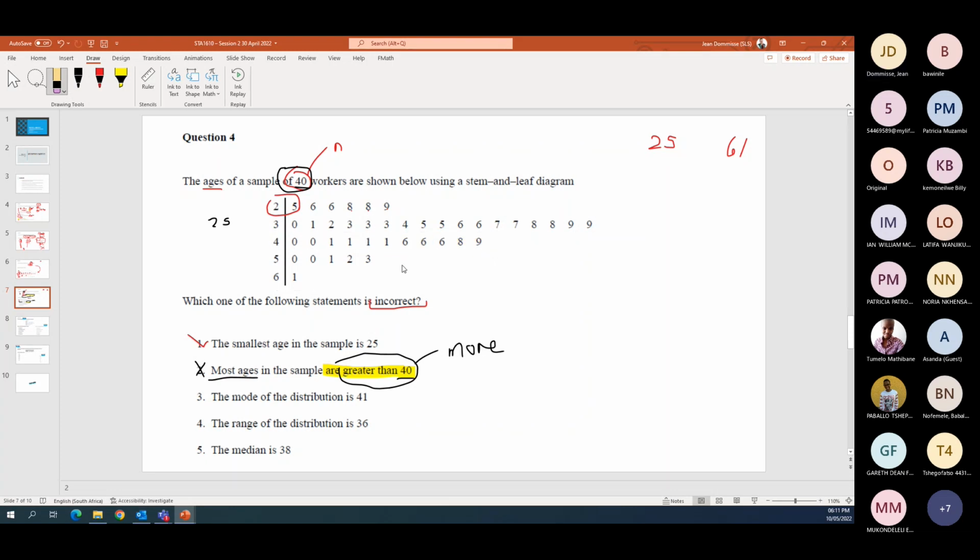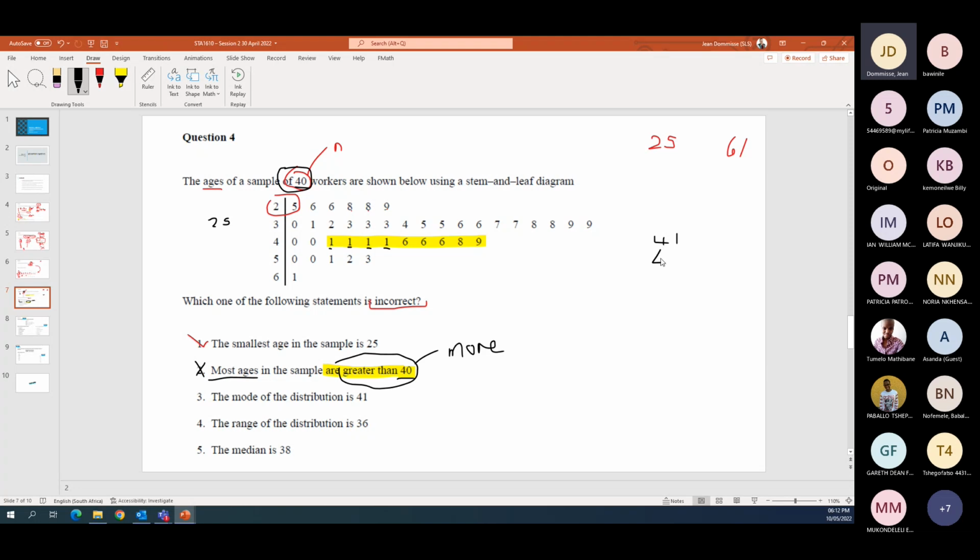Let me take that out. I'm only going to focus now on those ones. So let's see. There's a 41, but there's a second 41. There's a third 41. There's a fourth 41.